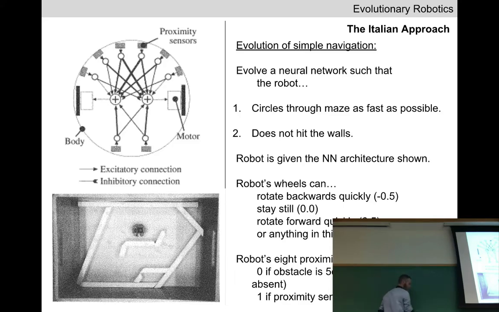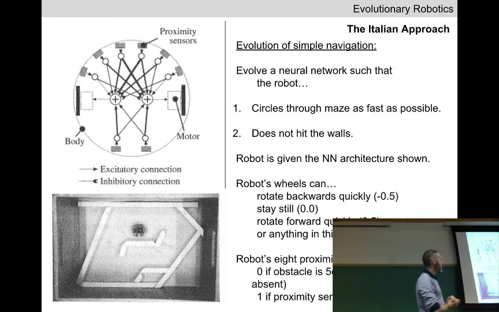In position control, you treat the values that arrive at the motor neuron as desired position, or in our case, desired angles. So position control and velocity control. Basically, when we're dealing with a legged robot, it's position control. We're dictating the desired angle of the joints. When we're dealing with wheels, it's velocity control. What is the desired angular velocity of the wheels at any given point in time? We'll see experiments that mix and match these things.